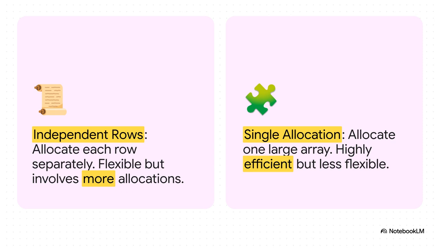Or you can do this really cool optimization. You allocate one single giant backing array for the whole grid, and then you just create little slice headers to act as views into each row. This one-shot allocation is way faster, but it does lock you into a fixed grid. The choice really comes down to, do you need performance or do you need flexibility?